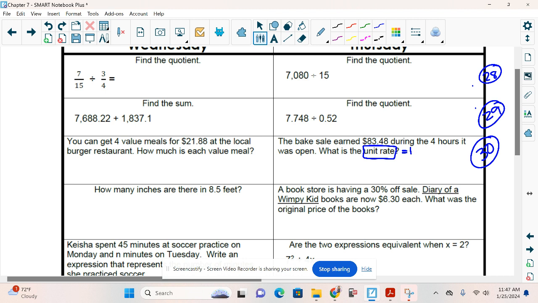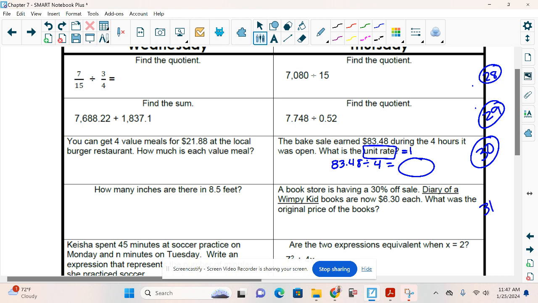To do that, you could set up a ratio box, or you could just go $83.48 divided by 4, and that's going to give you how much they made each hour. And that'll be your answer.